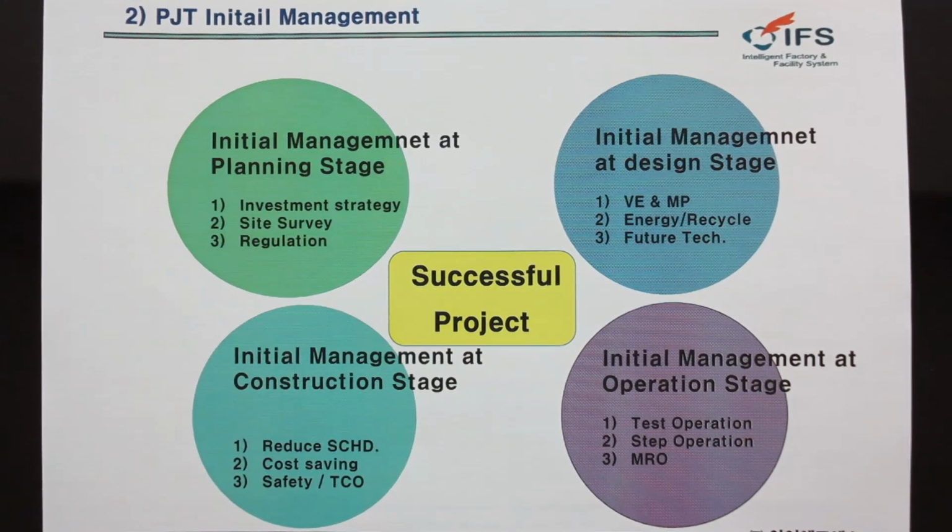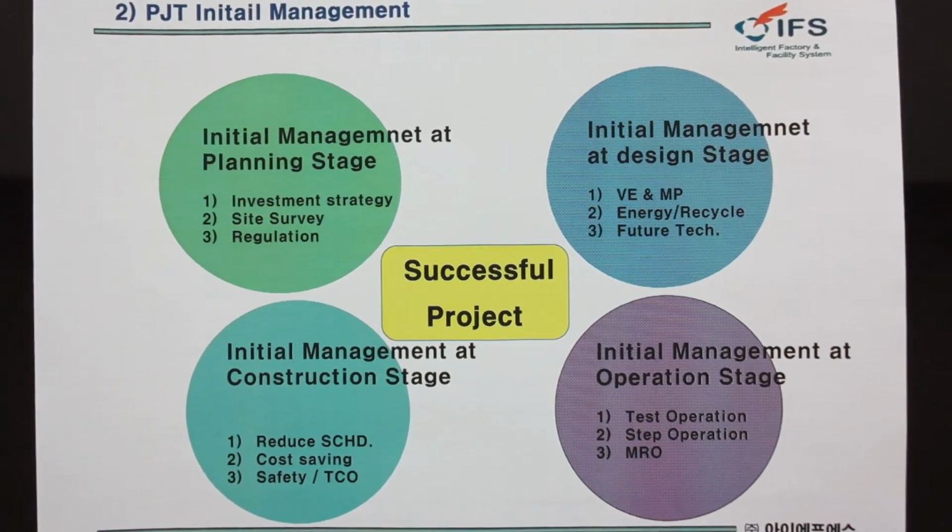Therefore, in most investment cases, it is necessary to take various risks of constructing a factory with an R&D device that has not been developed yet. That is the reason why the architecture designer cannot meet the requirements for factory construction alone.